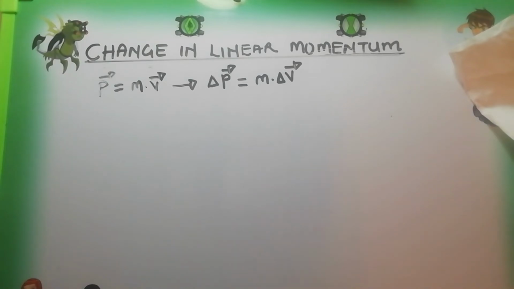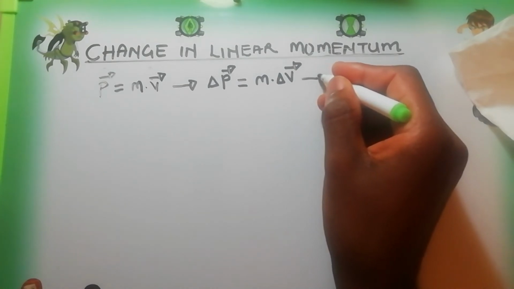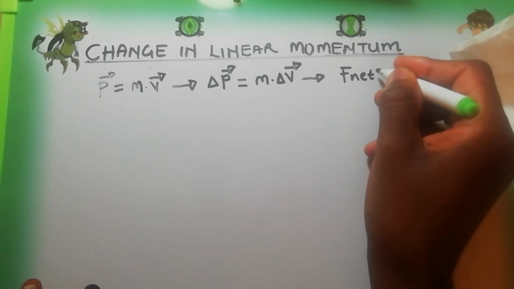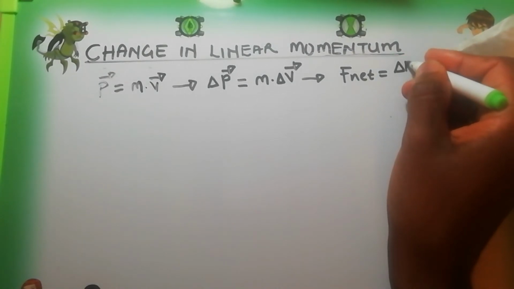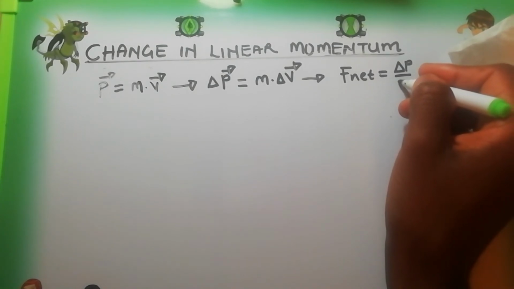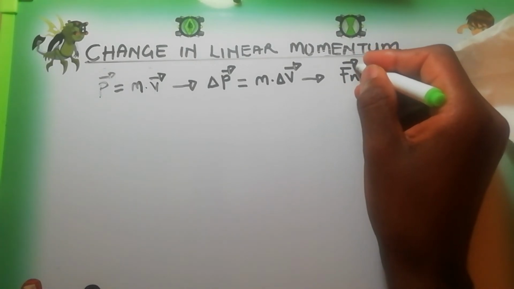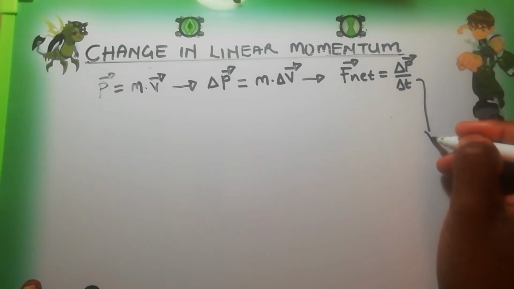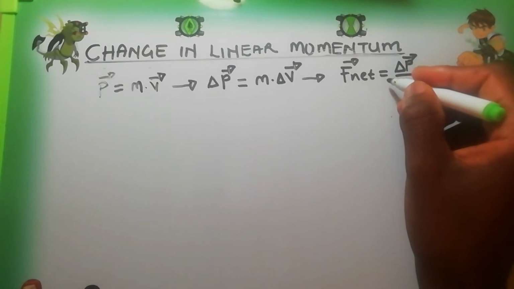We said there is a relationship between change in momentum and Newton's second law, and that relationship results in F net equals change in momentum all over change in time. Then we said from this formula we can come up with a new definition of net force.